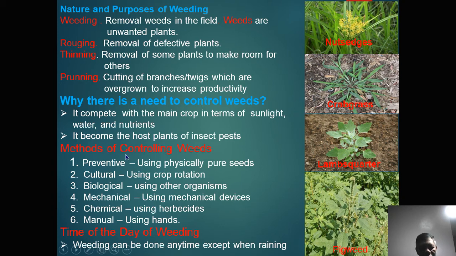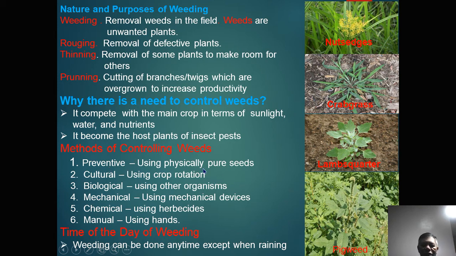Okay, let's proceed now to the methods of controlling weeds. I identified here six methods. We have the preventive method.